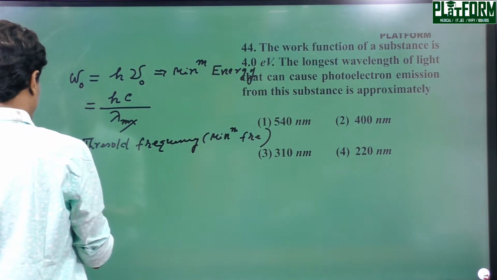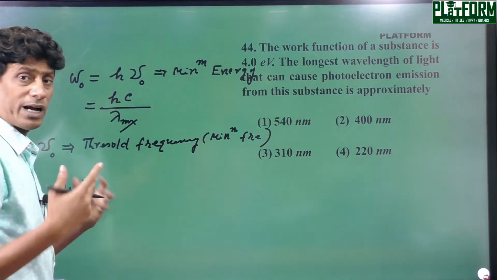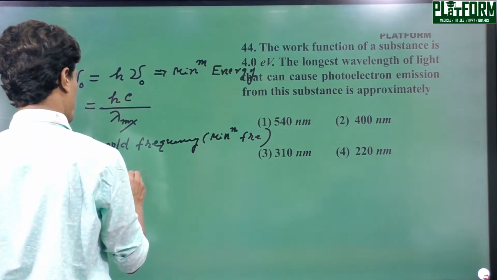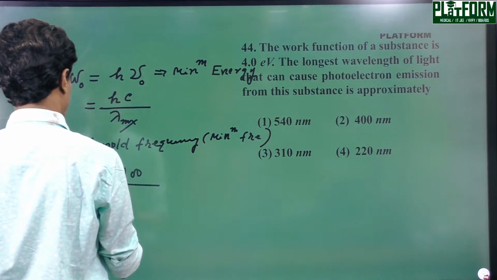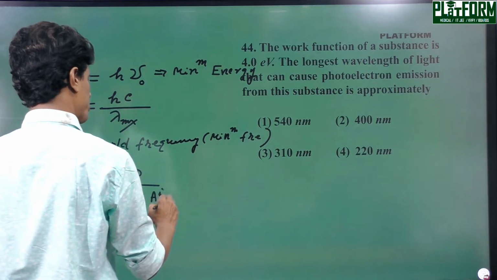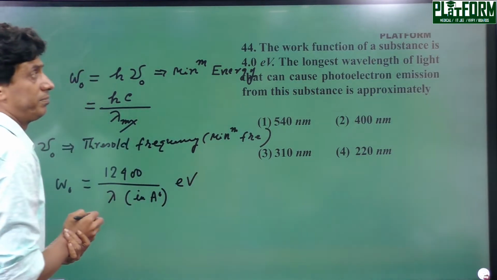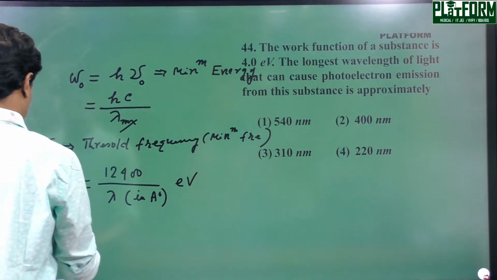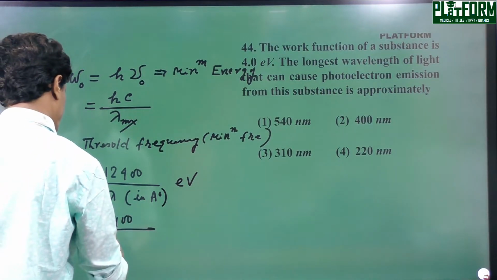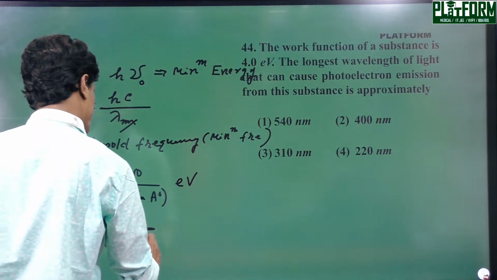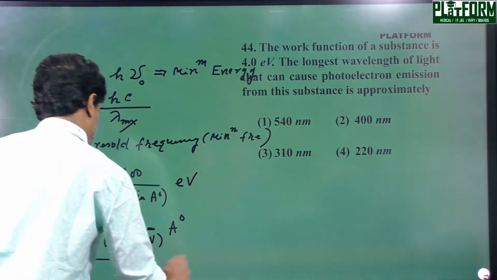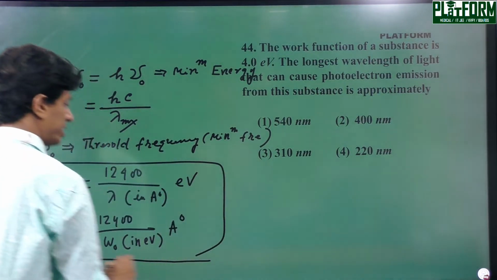If we put in the values of Planck constant and the speed of light, it is 12,400 by lambda in Angstrom, where energy is in eV. So lambda is 12,400 by energy in eV. It is a very instrumental formula you have to use in the examination hall.